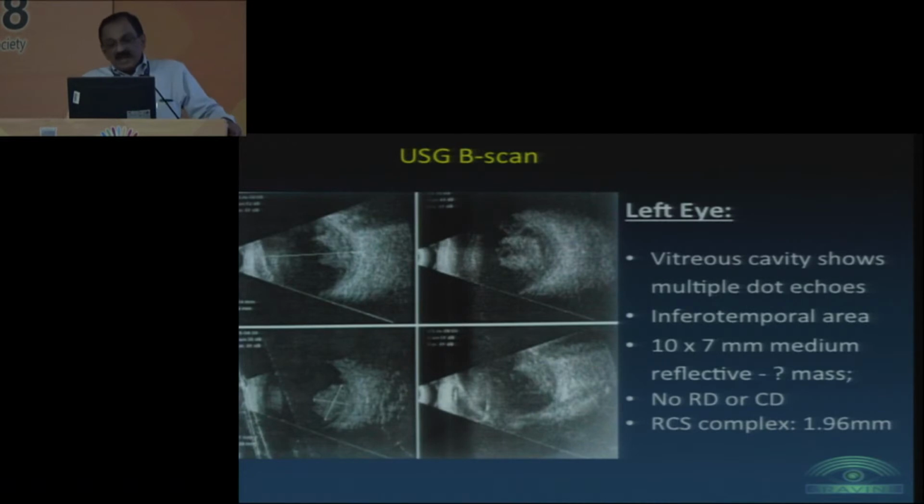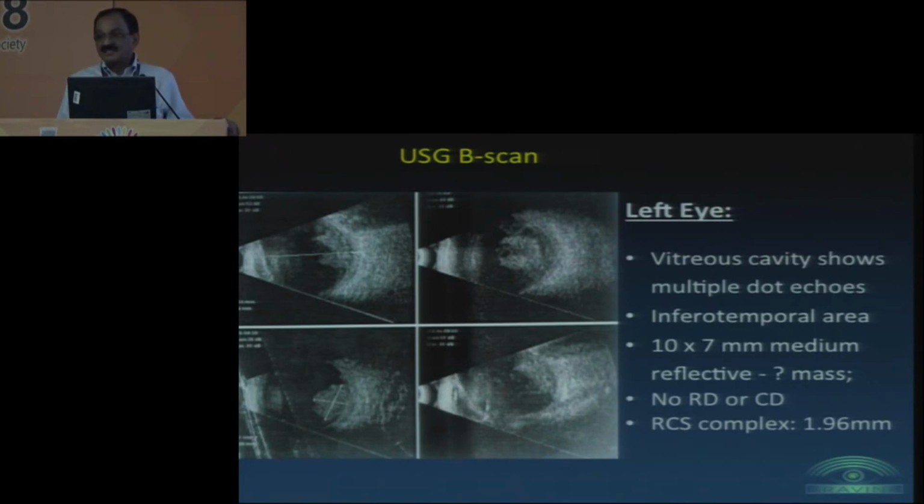We did a B scan. What would you expect? What do you see here? What is the lesion that you see here? Can somebody describe? You have all seen ultrasounds.